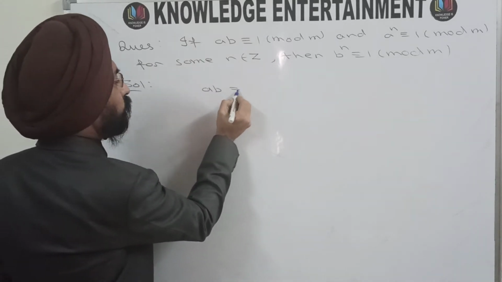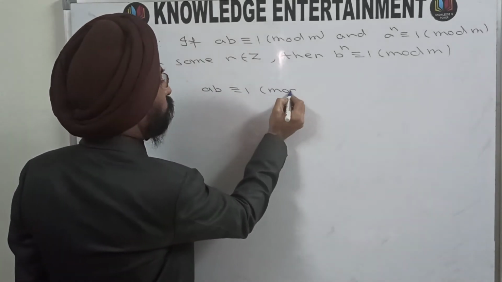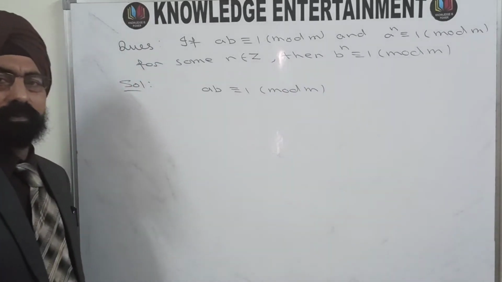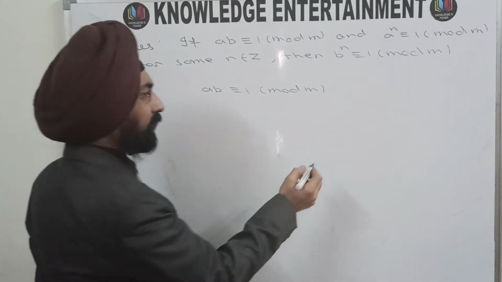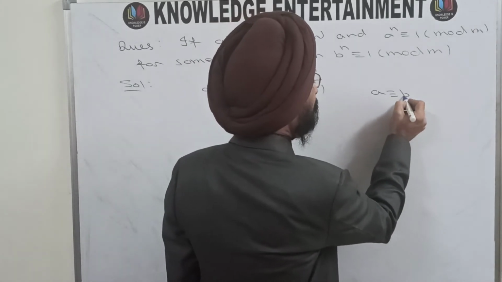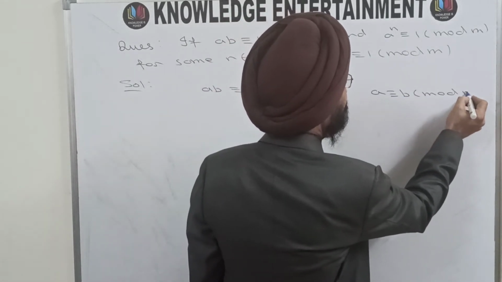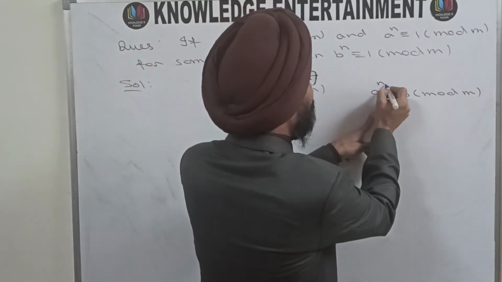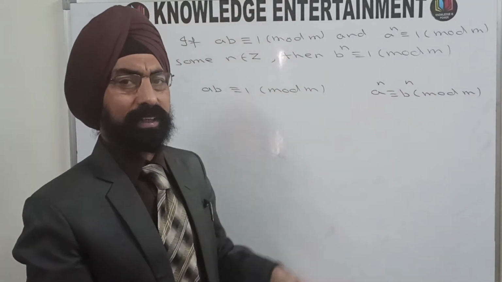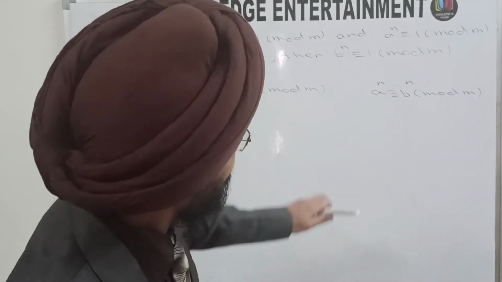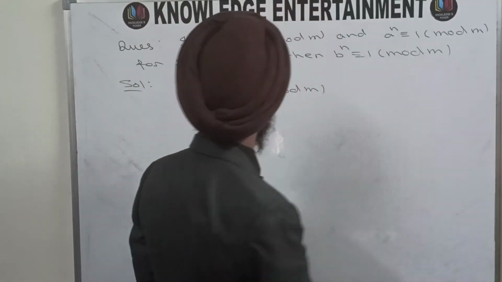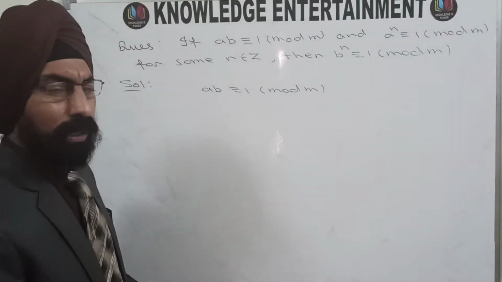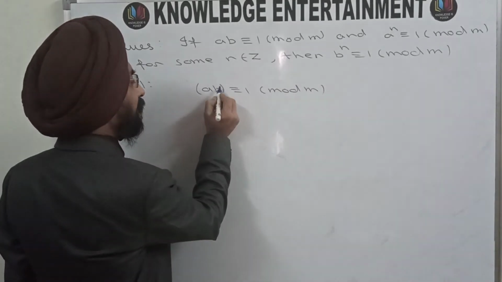ab is congruent to 1 modulo m. We know that if a is congruent to b modulo m, then every power n, a power n, is congruent to b power n. This we have covered in the previous video. So here also ab is congruent to 1 modulo m, so I am raising both sides to the power n.